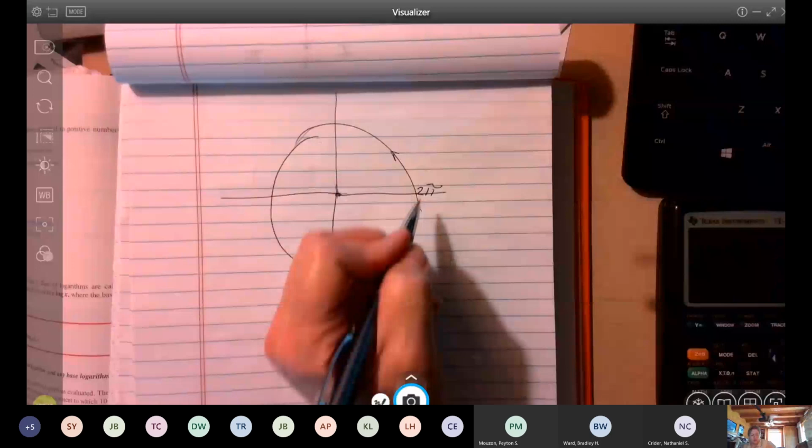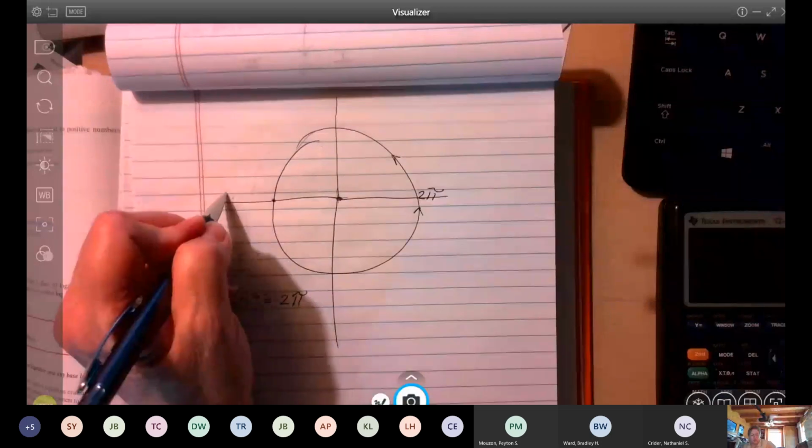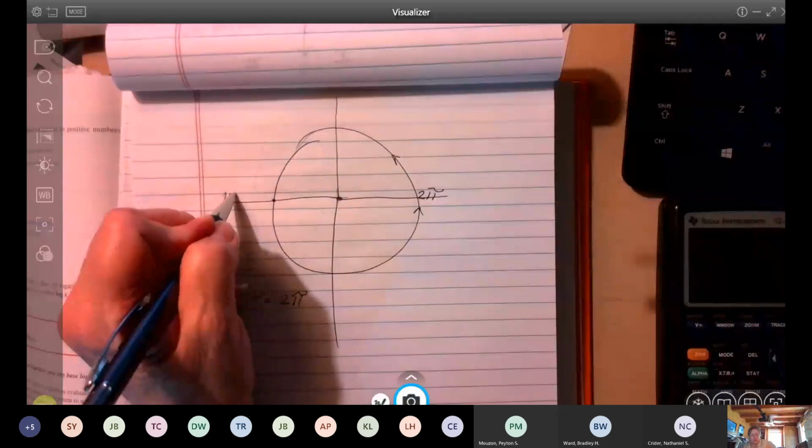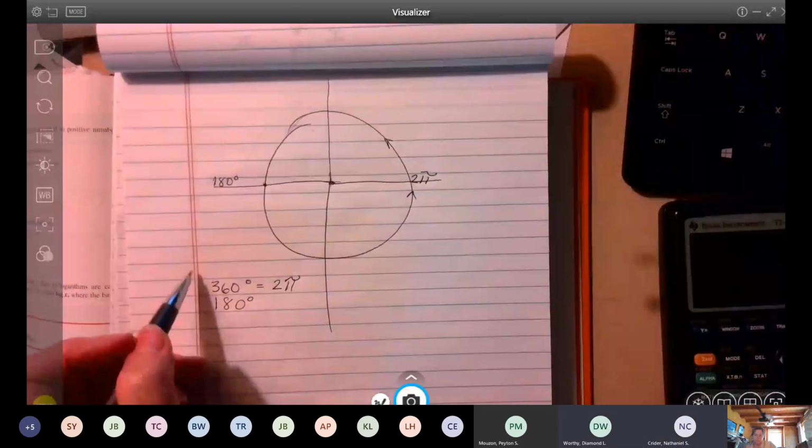So what happens when I go 180 degrees? What are the radians for this? Wouldn't it just be pi? It's just going to be pi because I'm doing half the circle.